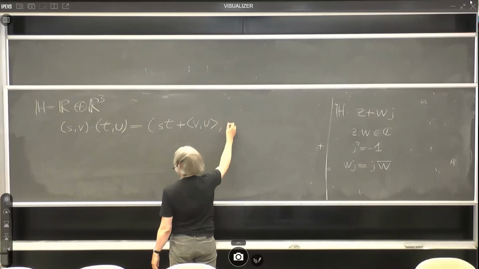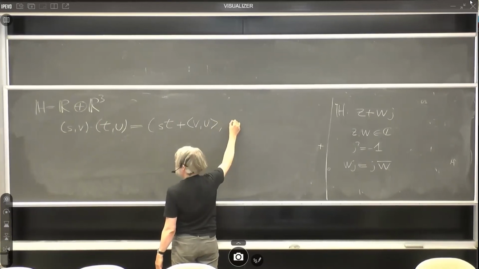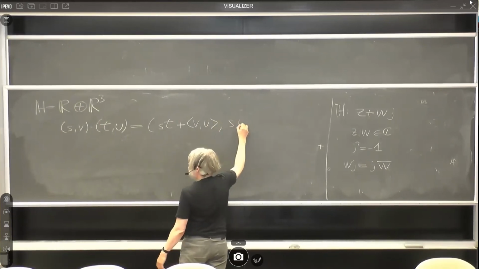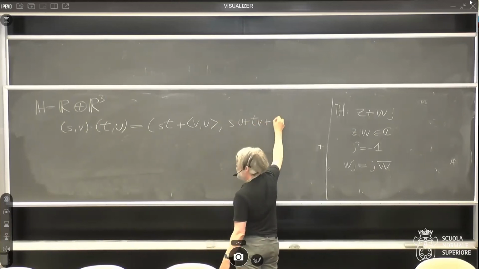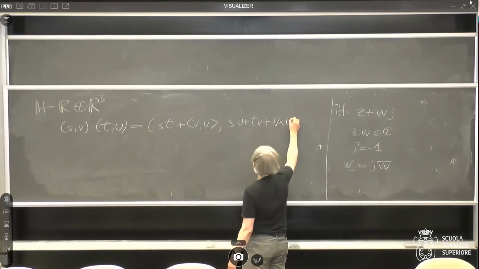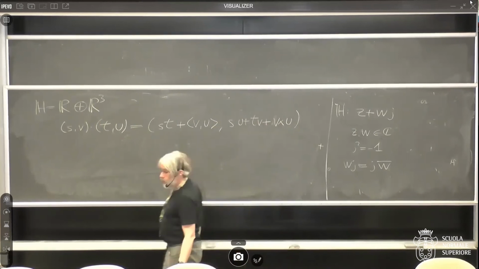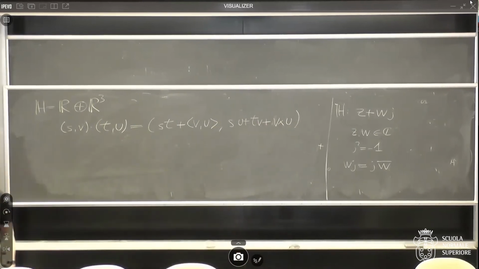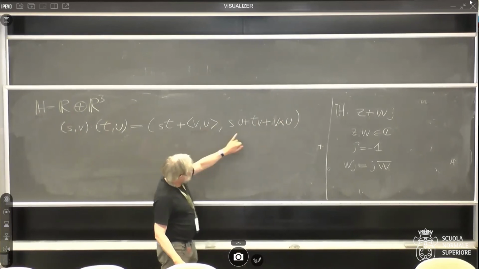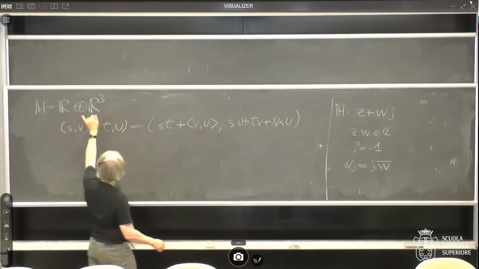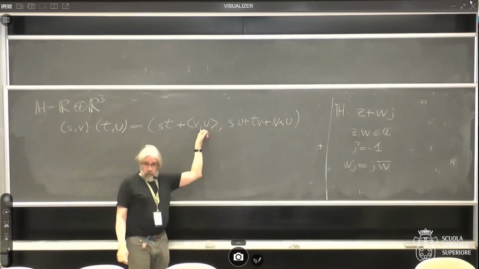And here you get s times u plus t times v, plus the non-commutative exterior vector product of the two vectors. Here it is maybe most evident that in the algebra of the quaternion numbers, you already have a reflection of the geometric structure, in particular of the scalar product.